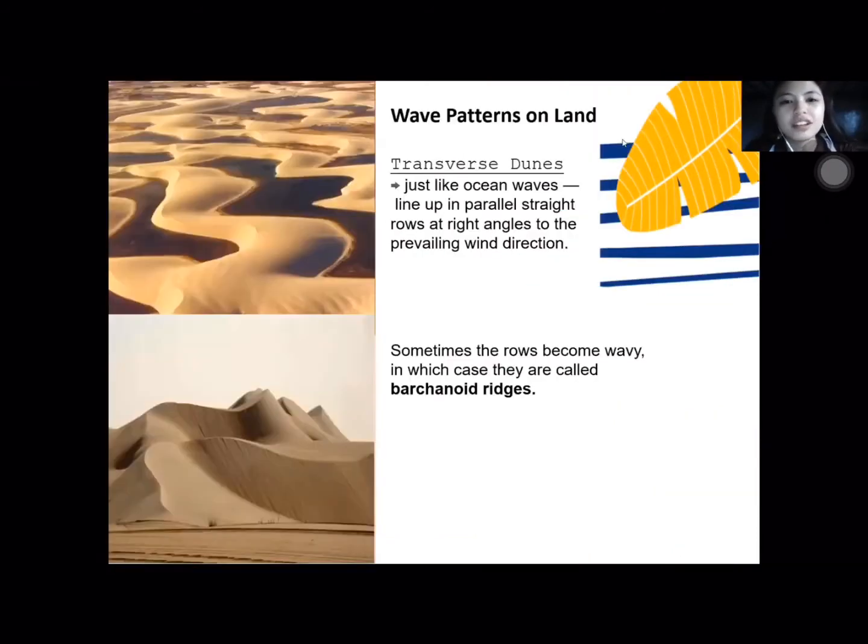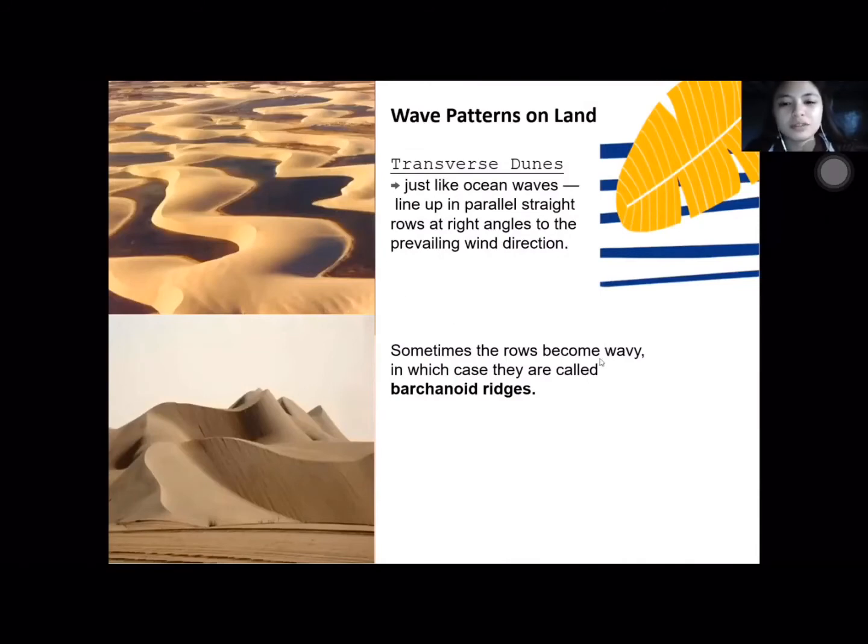There are also wave patterns on land. One example is transverse dunes. It is like ocean waves lining up in parallel straight rows at right angles to the prevailing wind direction.